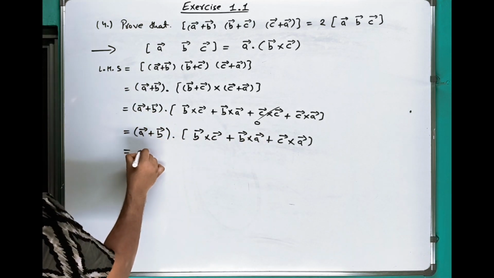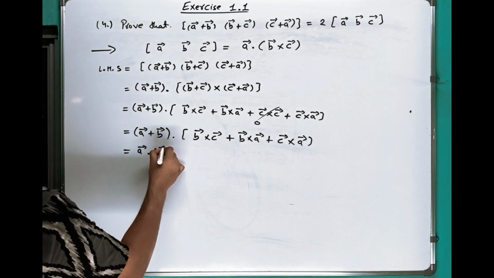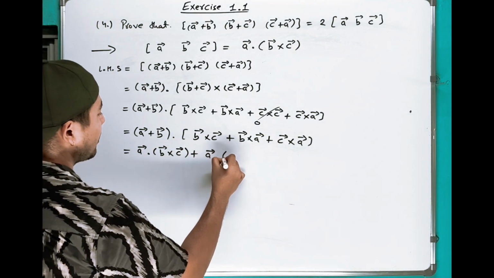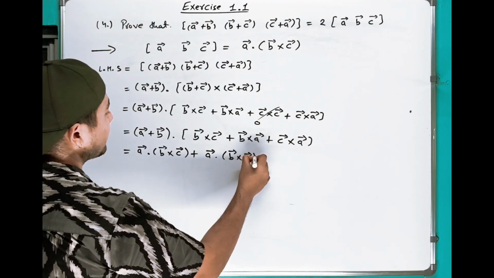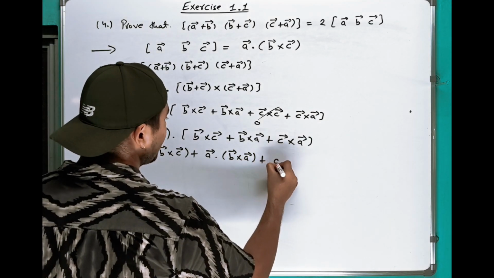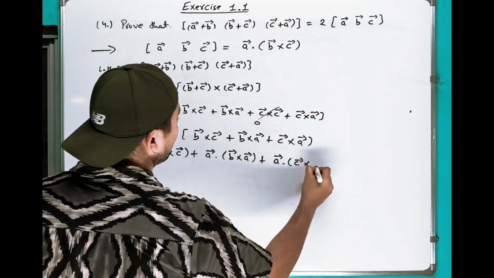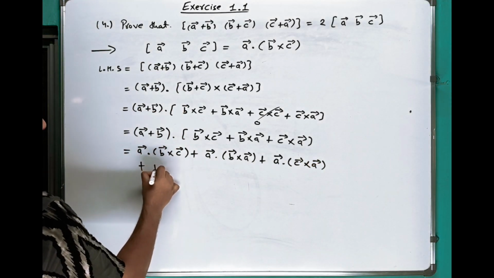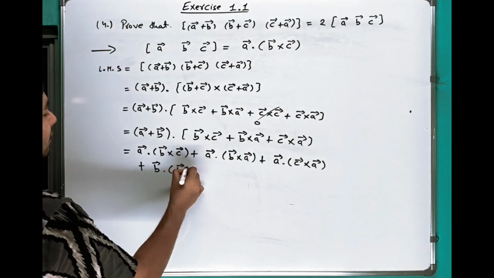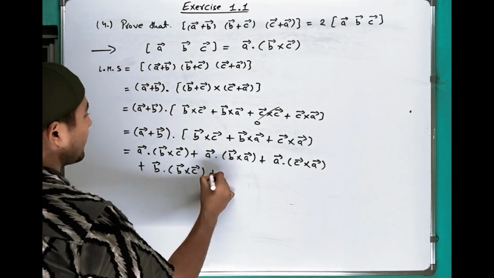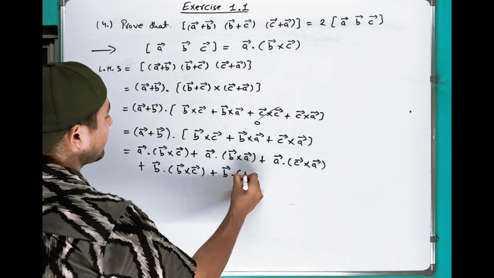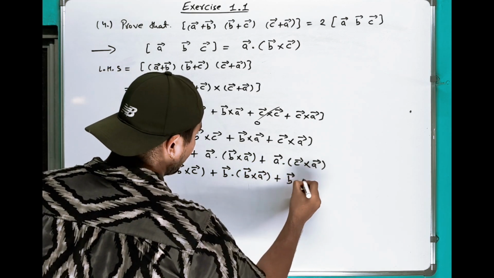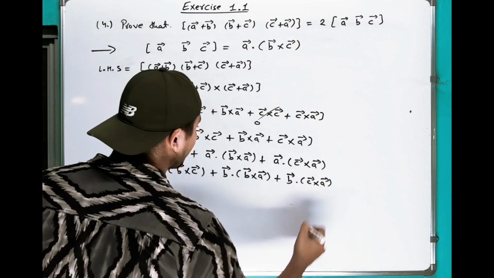So this is a bar dot b bar cross c bar plus a bar dot b bar cross a bar plus a bar dot c bar cross a bar, and plus b bar dot b bar cross c bar plus b bar dot b bar cross a bar plus b bar dot c bar cross a bar.